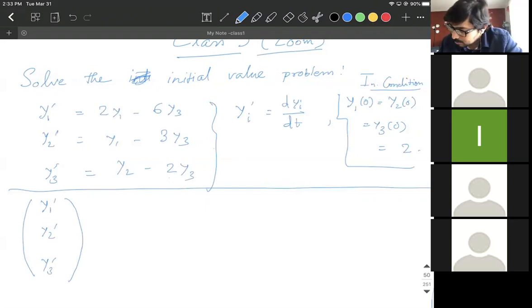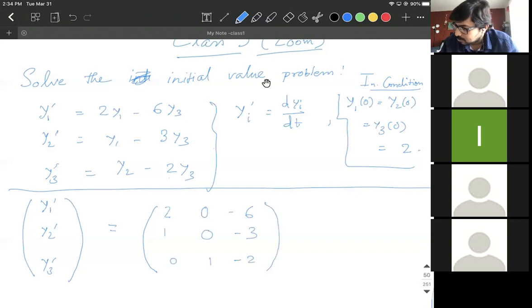Now this is the matrix A, so 2, 0, minus 6, the usual way that you find the coefficient matrix. So this is very similar to a system of linear equations. Just remember that you are dealing with differential equations instead of linear equations. Okay, so this is the matrix vector form here. So this is my coefficient matrix.